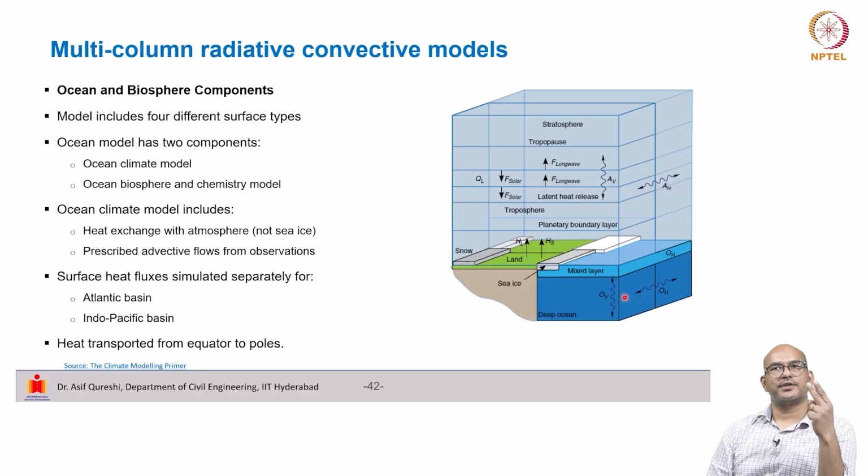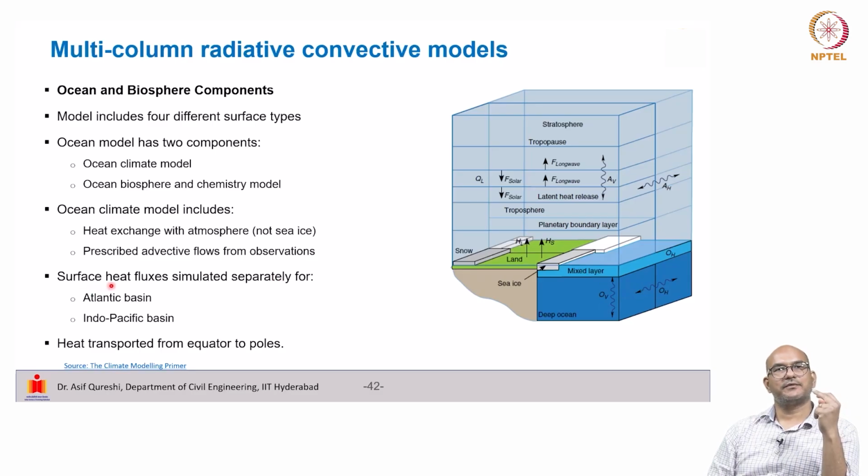Now, what is an ocean climate model? The ocean climate model includes heat exchange with the atmosphere, not with the sea ice, and we will have prescribed ocean flows. So, OH, OV, which would be from observations.